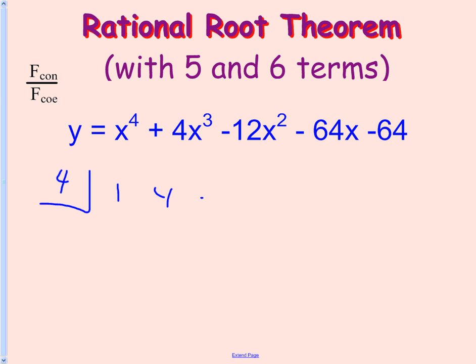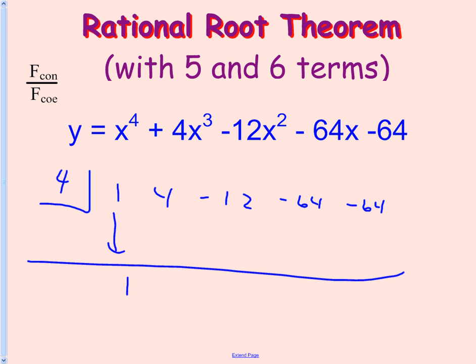Okay, 1, 4, -12, -16, 64, and -64. And I'm just double checking this actually works. 4, add them, multiply them, add them, multiply them, add them. 24, this isn't right, where did I mess up?